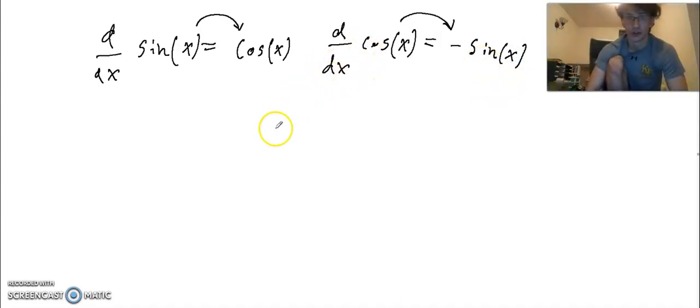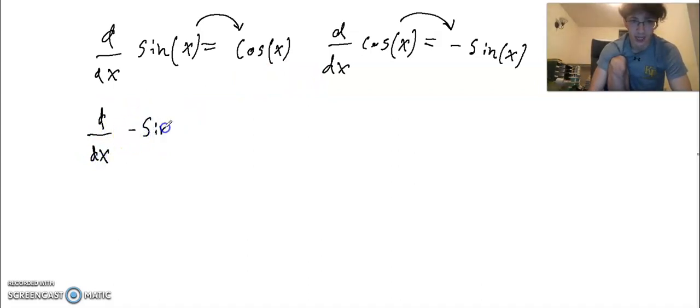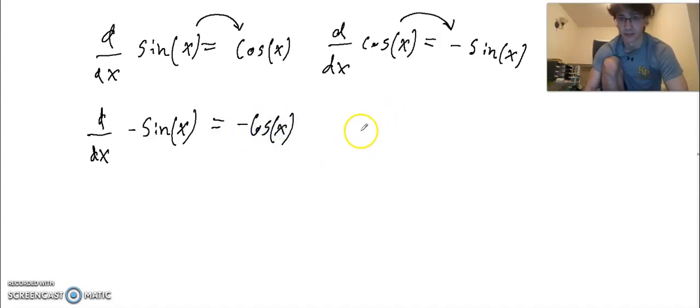So, what we can do with this is we can also say that if we have the derivative of negative sine of x, then it'll just be equal to negative cosine of x.